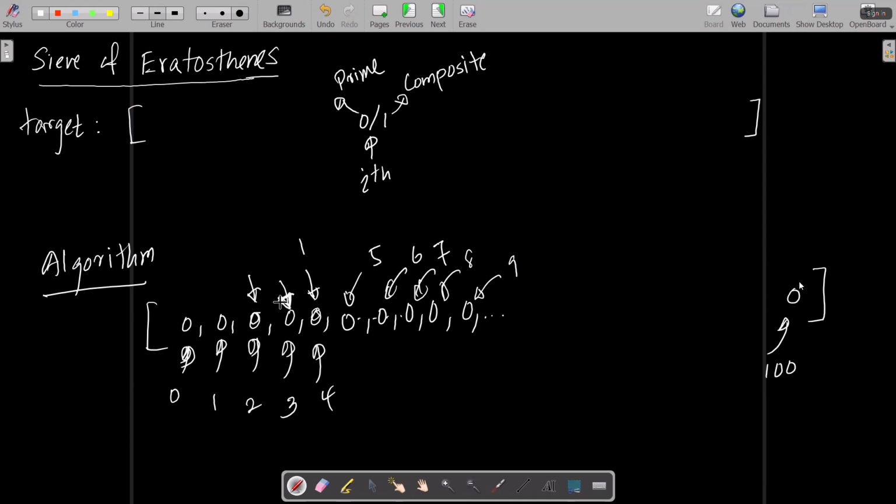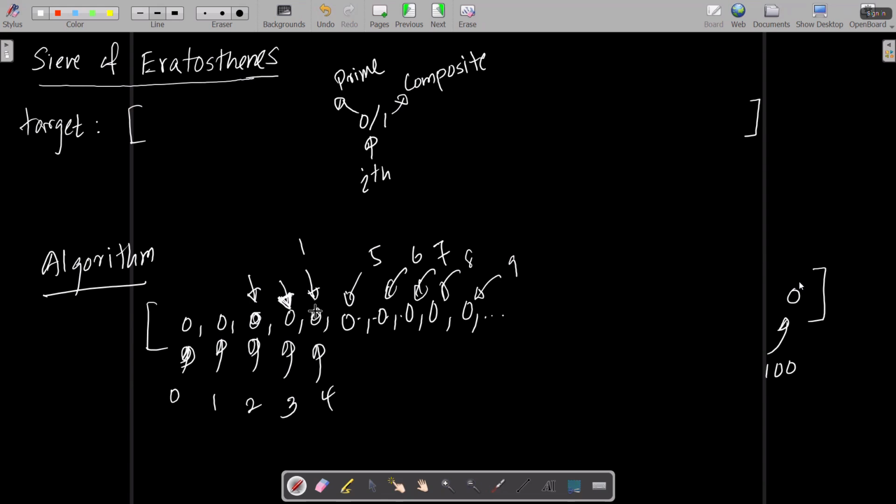When we are done with 2, the even numbers 4, 6, 8, 10, 12 up to 100 will have a value of 1, so we are not checking them during the iteration. But at 3 there will be a 0, because 3 is not a multiple of 2. So 3 is a prime. We set 3, 6, 9, 12 and all of them to 1.